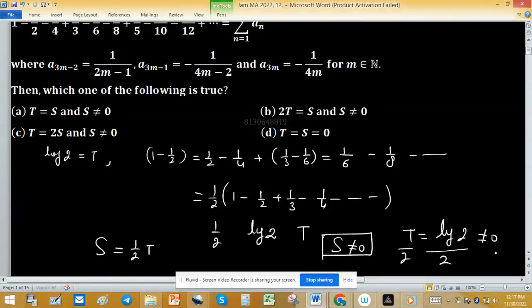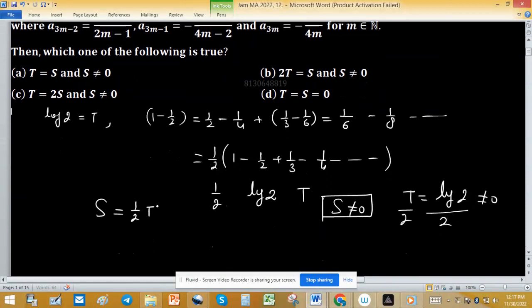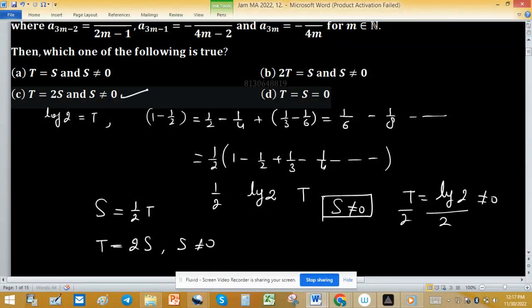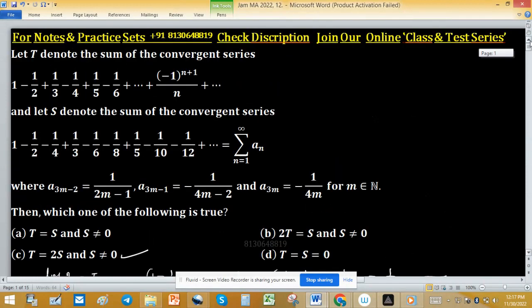We obtained S not equal to 0 and S equals 1 upon 2 T. This implies that T equals 2S and S not equal to 0. Option C is correct. But remember, when we rearrange the terms of a given series, the sum also changes.